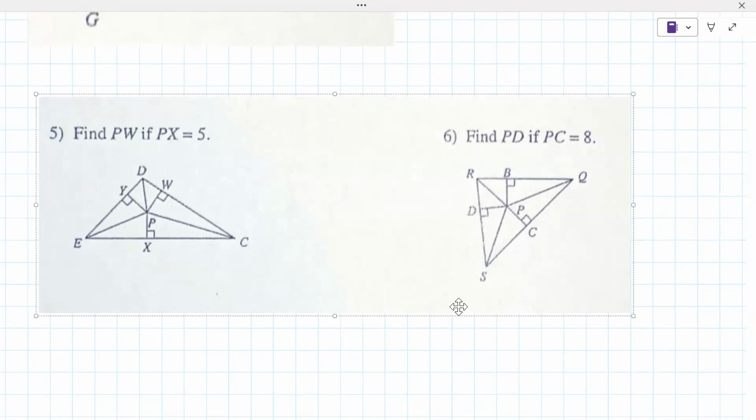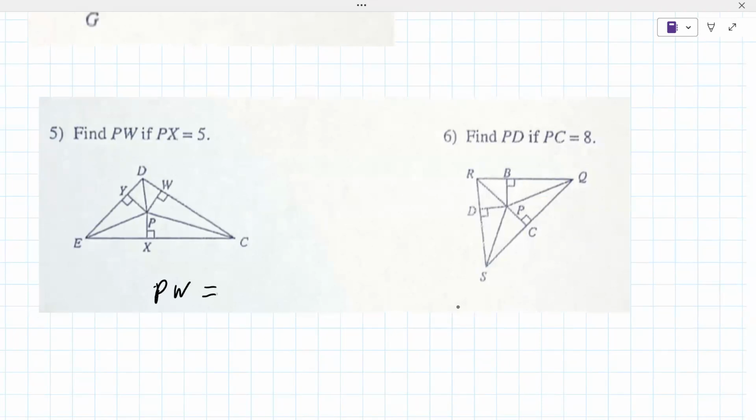Would 5 be 5 and 6 be 8? You have to be careful there that you write PW equals 5 and PD equals 8. It's important.